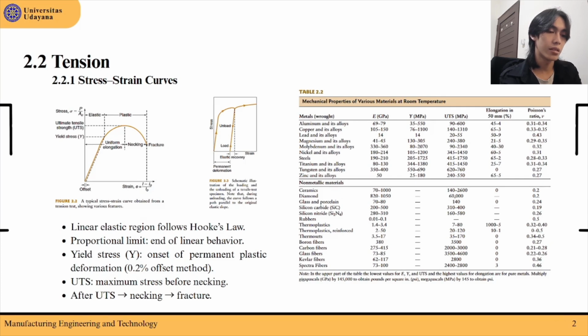Yield stress is defined using the 0.2 percent offset method. The maximum stress reached is called the ultimate tensile strength, followed by necking and final fracture. You can see in this table 2.2, they have non-metallic material and metallic material.